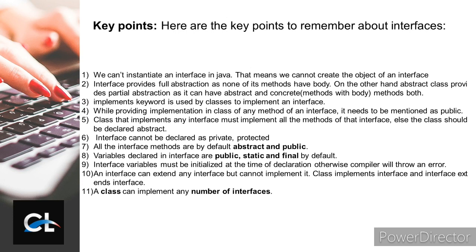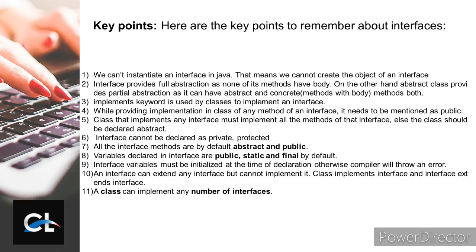It depends on various things like access specifiers, whether it's static or non-static. A class implements an interface, and an interface extends an interface. A class can implement any number of interfaces. So these are a few key points about the interface.